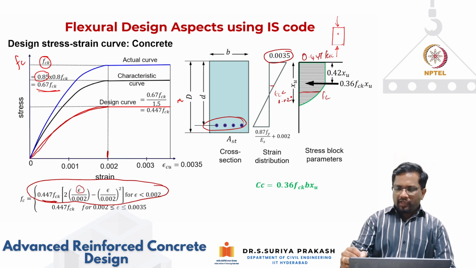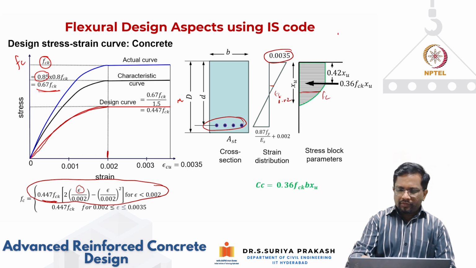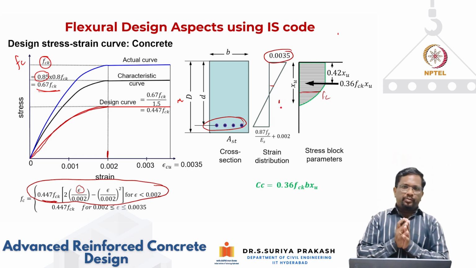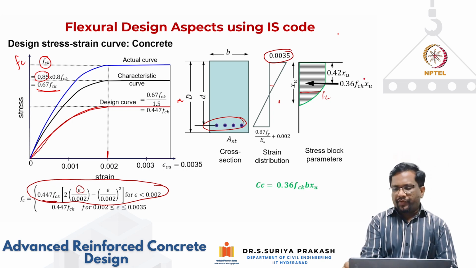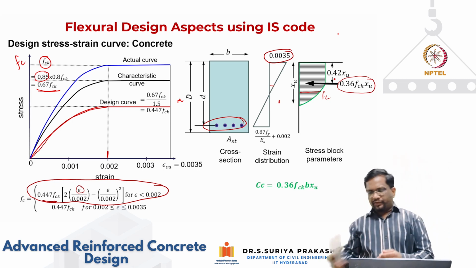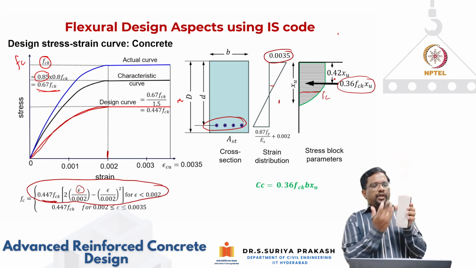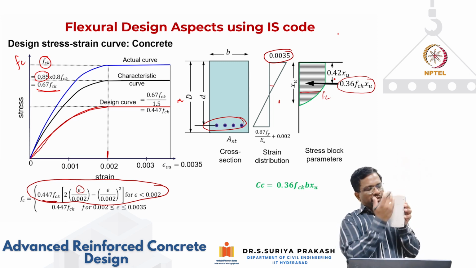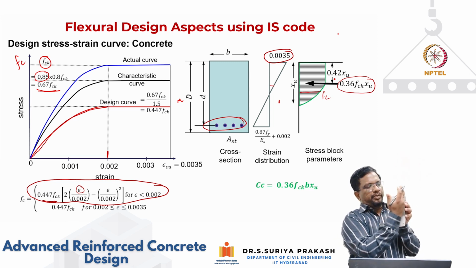Now, as we have done previously, the code is also integrating all the compression force Cc and giving you the value as 0.36 fck xu. If you see this as your cross section, this stress is acting perpendicular to the cross section.